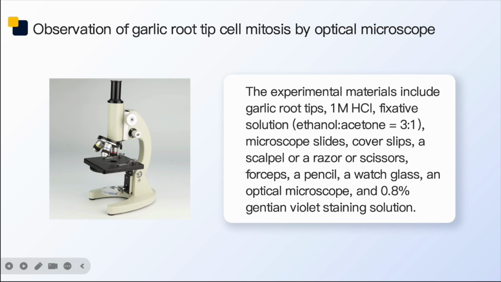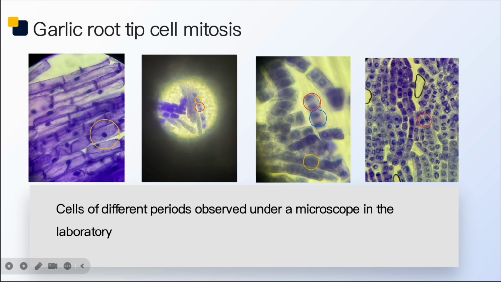Place one of the root tips on a clean slide, add a drop of distilled water, and press the cover slip with the eraser to make it a single layer of cells. Finally, we use the low power objective of the microscope to find the cells, and then switch to the higher one to observe the cell structure and the chromosomes in each stage of mitosis.